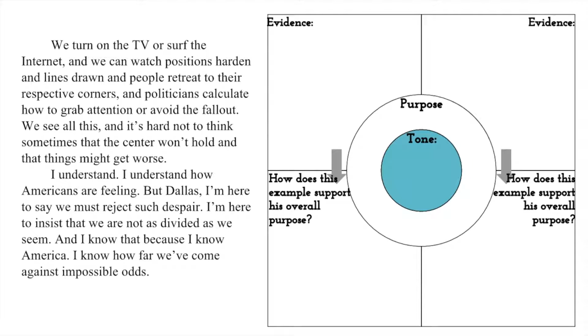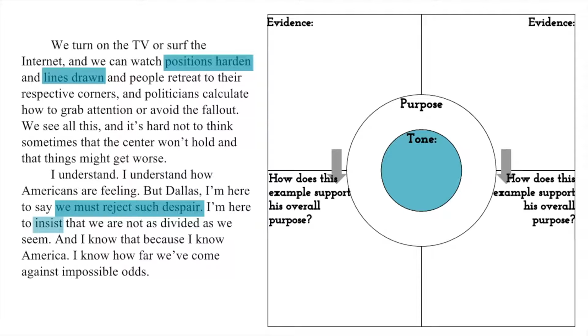Obama says, we turn on the TV or surf the internet and we can watch positions harden and lines drawn, and people retreat to their respective corners, and politicians calculate how to grab attention or to avoid the fallout. We see all this, and it's hard not to think sometimes that the center won't hold and that things might get worse. I understand how Americans are feeling, but Dallas, I'm here to say we must reject such despair.